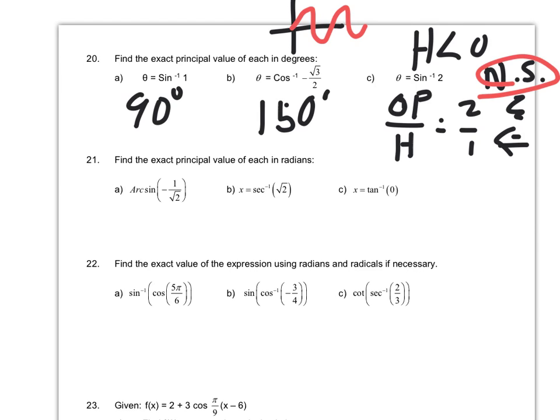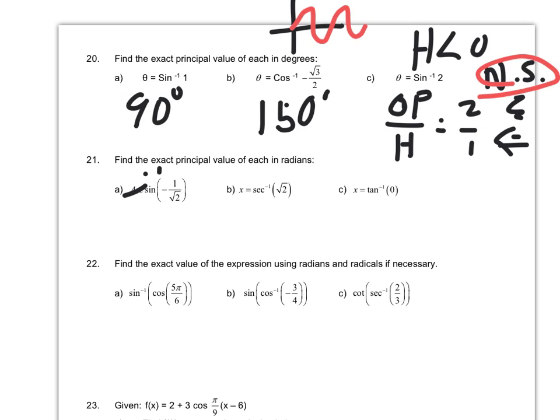Okay, switching to 21, we're going to find the exact value in radians. So remember to go to your calculator. If you get an error or something, check your mode. Make sure you're in the proper mode, because it's easy to give it a bad number if it's in the wrong mode. Remember, arc sine is sine inverse.